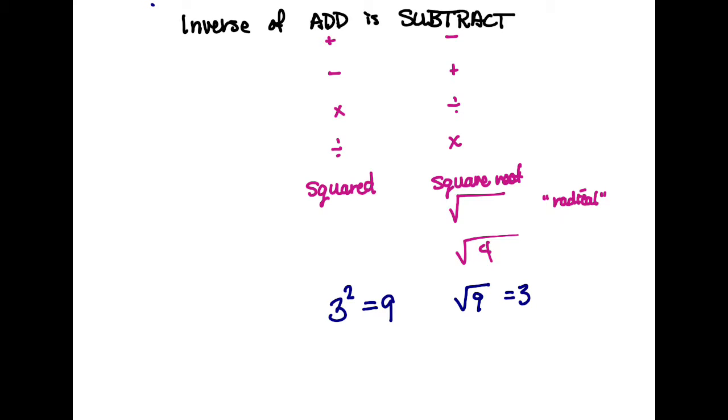Okay, the radical, that check mark line thing, means what number times itself gives you, and then the number underneath. So in this case, 9. What number times itself gives you 9? 3, because 3 times 3 is 9.